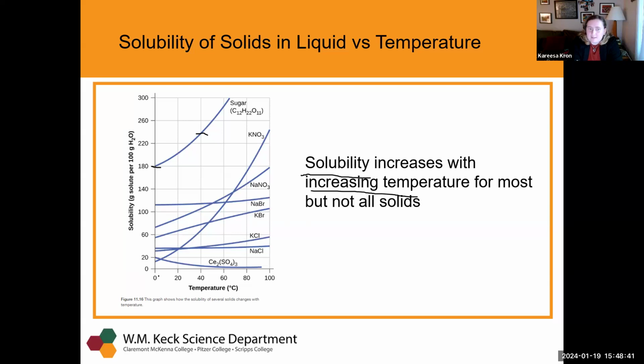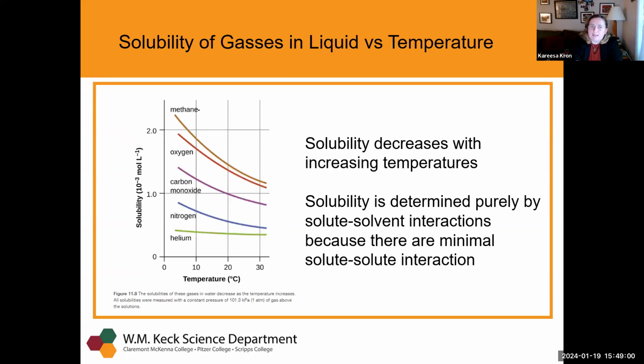There are some exceptions. So if you look at this cerium sulfate on the bottom of our plot, if we increase the temperature of this solution, our solubility decreases. But on average, solids typically increase in solubility in liquids as you raise temperature. On the other hand, gases decrease in solubility with increasing temperature.